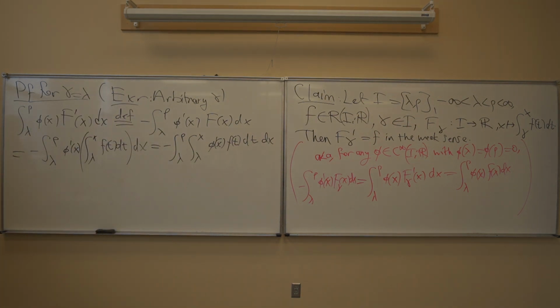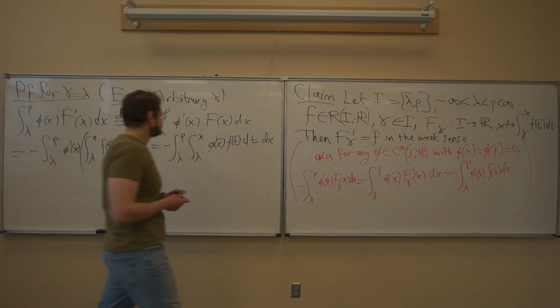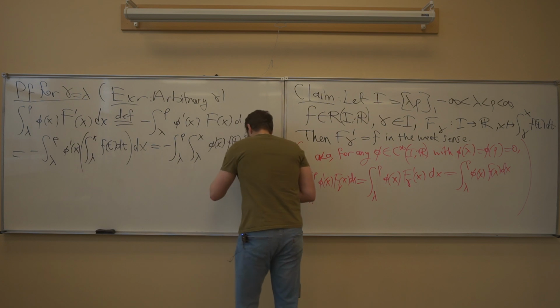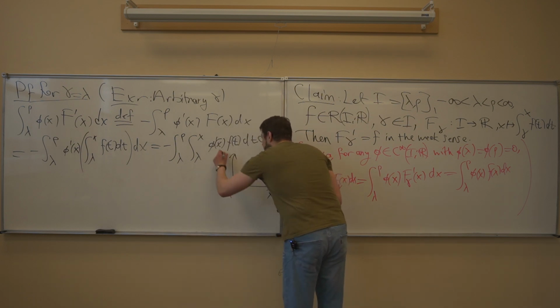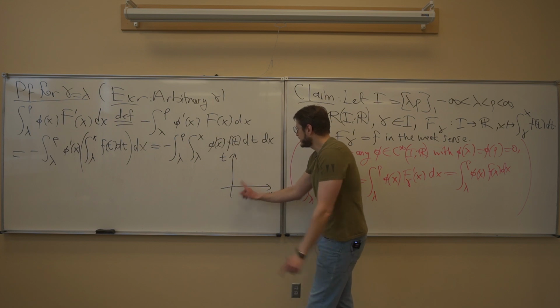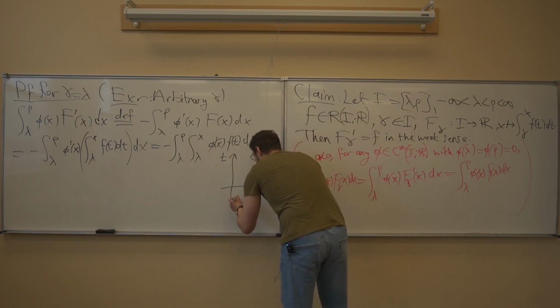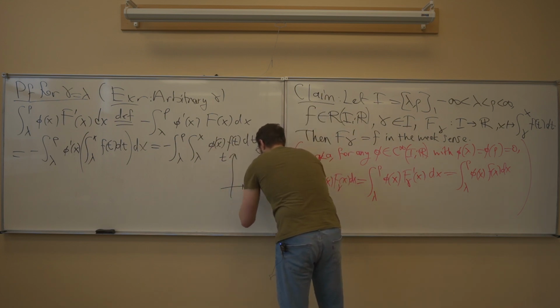What can I do now? There's pretty much only one trick when you have iterated integrals. When you get stuck, what you do is you flip the order, right? Then things work somehow. Now I need to be careful though. So I'm thinking of the xt domain, right? And x varies from, let's say, so here's lambda to rho.